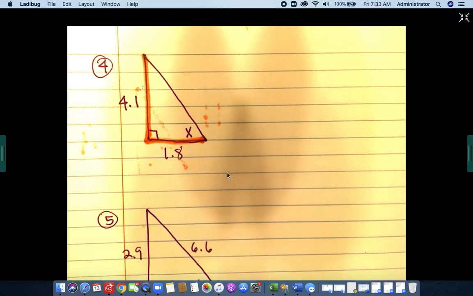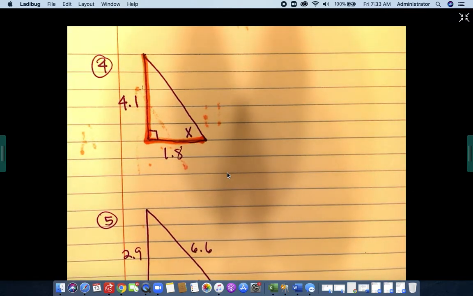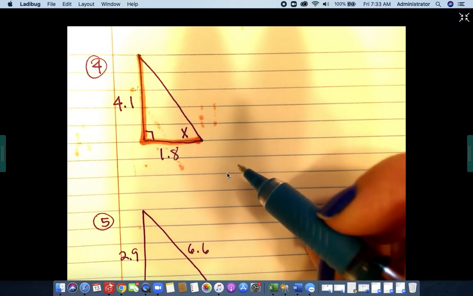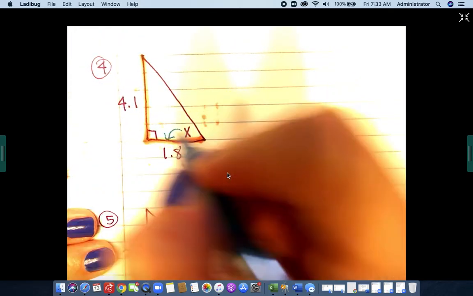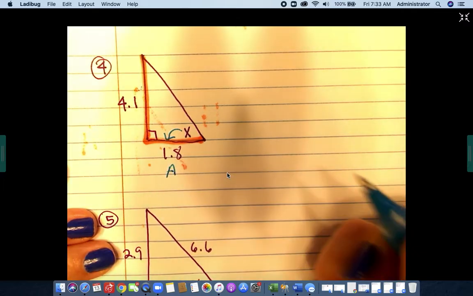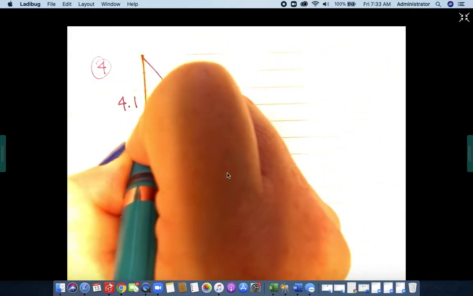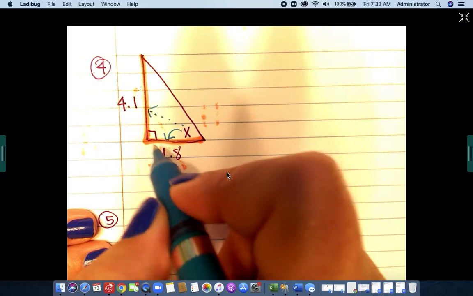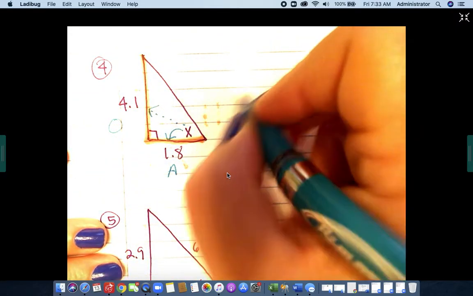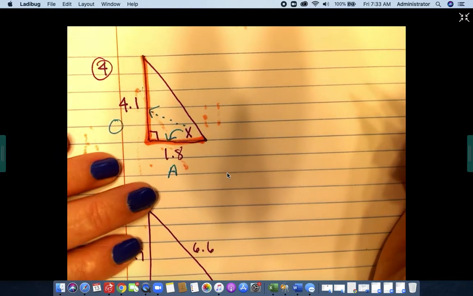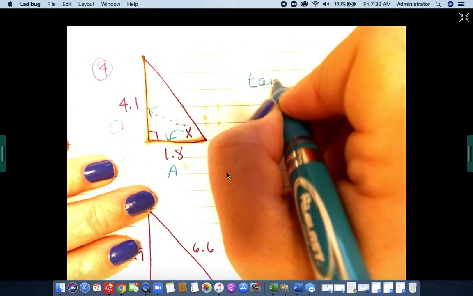But again, for number 4, if you want to stop the video so you can copy the problem, then do that. So I'm going to go ahead and label these sides. Next to my angle is the adjacent. Way over here, not attached to this angle, is 4.1, so that's my opposite. So SOHCAHTOA tells me to use tangent.